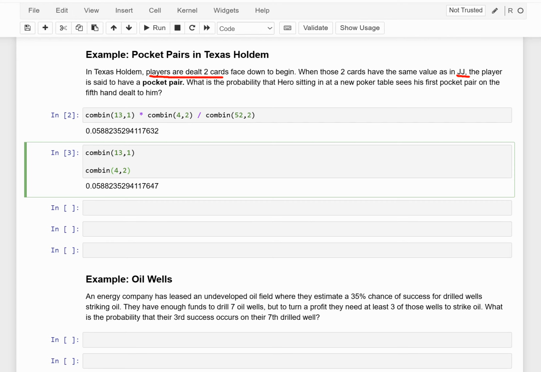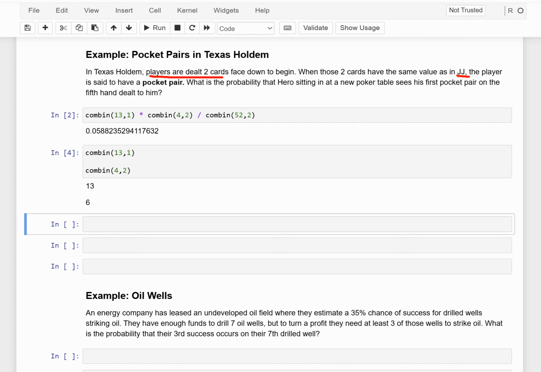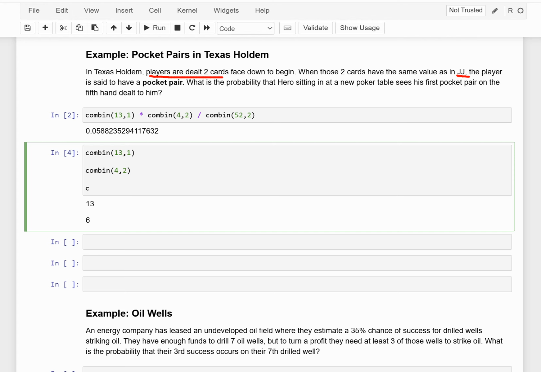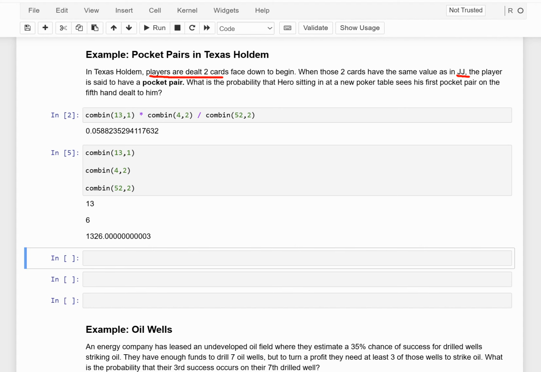It turns out that that's 6, and I'll just show that to you. And it turns out that 52 choose 2 is 1326, I believe. Yep. Even though R has a little bit of trouble with the rounding, it is, in fact, 1326.